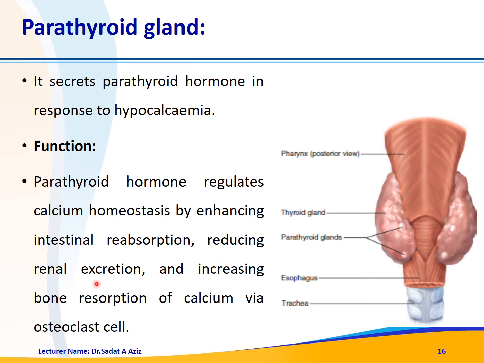Also, it reduces renal excretion of what? Of calcium. As you know, urine is a main pathway for the excretion of most of the molecules or ions in our body. So parathyroid hormone can reduce calcium excretion through the kidneys, and also increase bone resorption of calcium via osteoclasts.